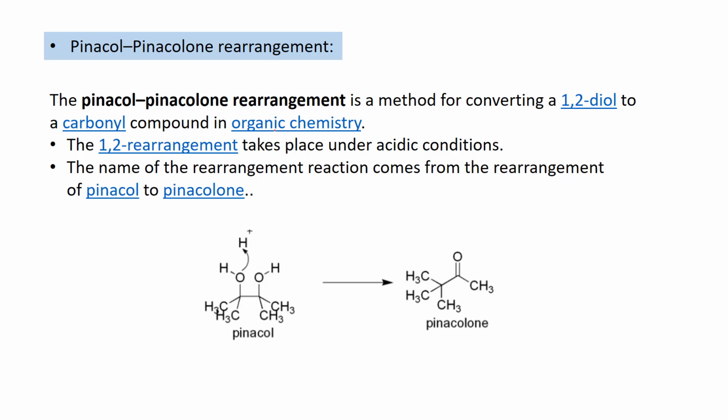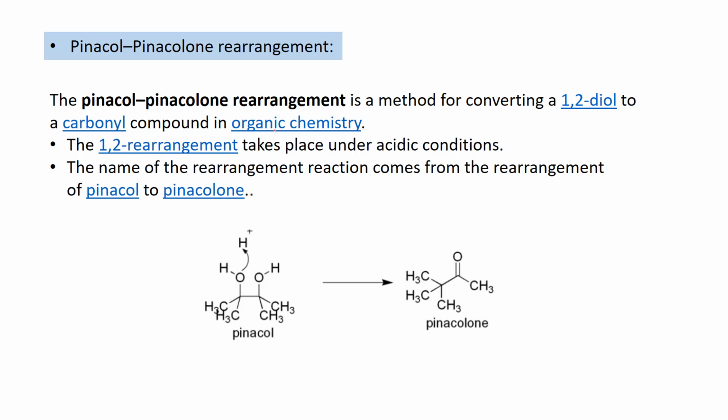So the pinacol-pinacolone rearrangement is a method for converting a 1,2-diol to a carbonyl compound in organic chemistry. This is a 1,2 rearrangement, which takes place under acidic condition. The name of the rearrangement reaction comes from pinacol to pinacolone.